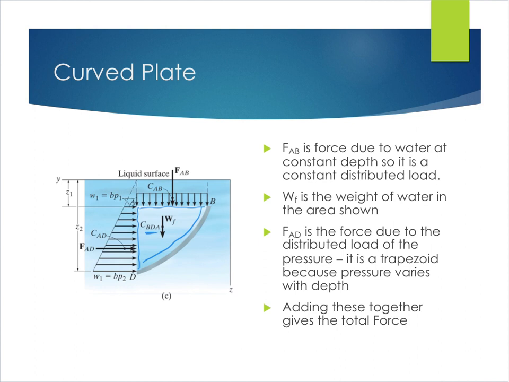And then the centroid of FAD, we could consult our tables to see where we can find the centroid of a trapezoid if we wanted to do that. And so this would not only allow us to find total forces, but in this picture we're talking about where we place them, where their centroids are, and then we could treat those, if we're trying to find the overall centroid, with a moment analysis.